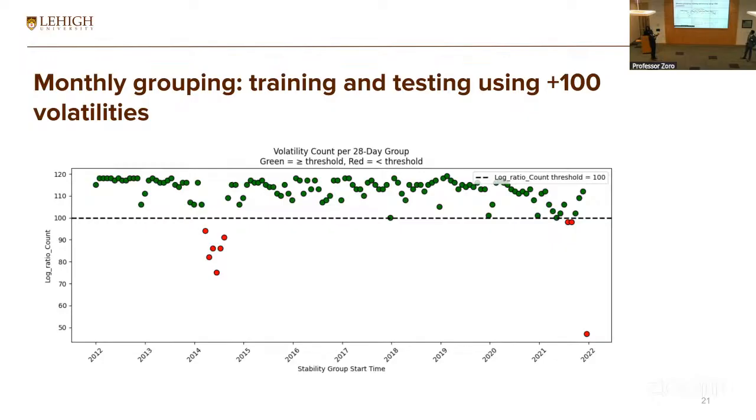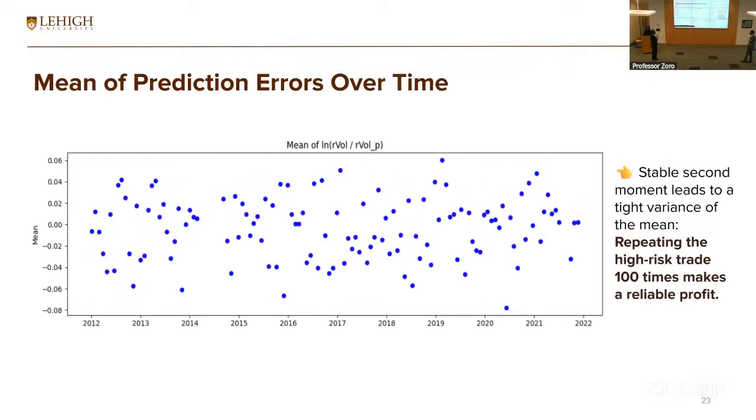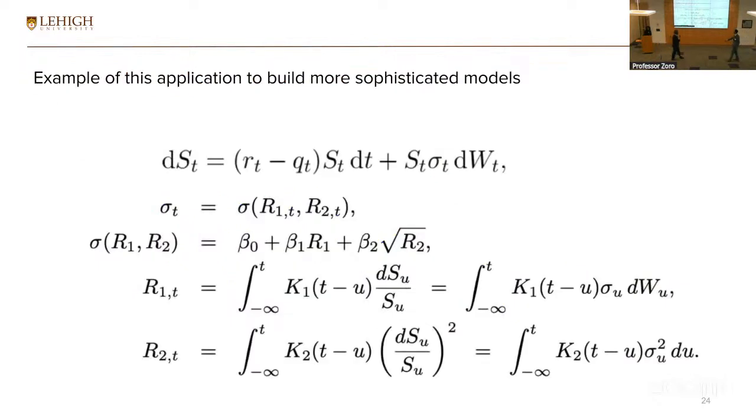So if we have a log ratio count above 100, we're going to check stability and error only for that data. And as you can see, the standard deviation is almost stable throughout the whole data. And as I have talked about, you get a much tighter variance if you use a log ratio approach. Then Estefano is going to talk about the model that we're trying to achieve.